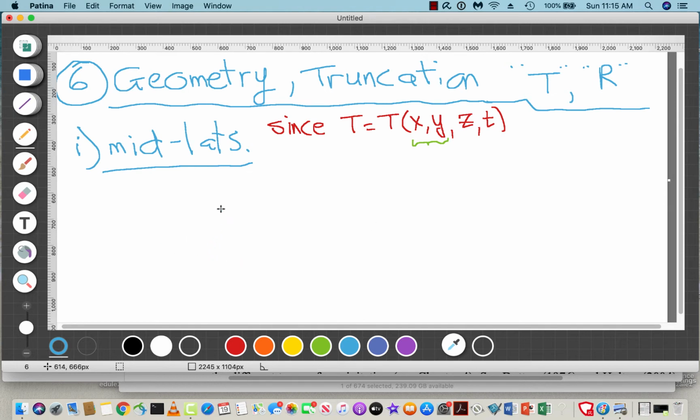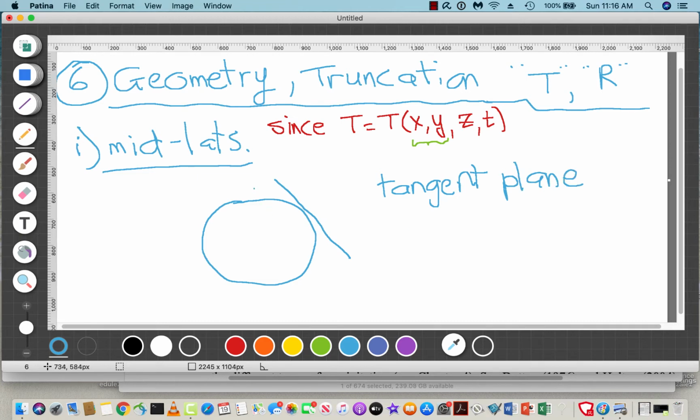So let's think about what we've done with the mid-latitudes in the past. In effect, what we do is assume something called a tangent plane. So the circle is the Earth. There's the rotation vector.